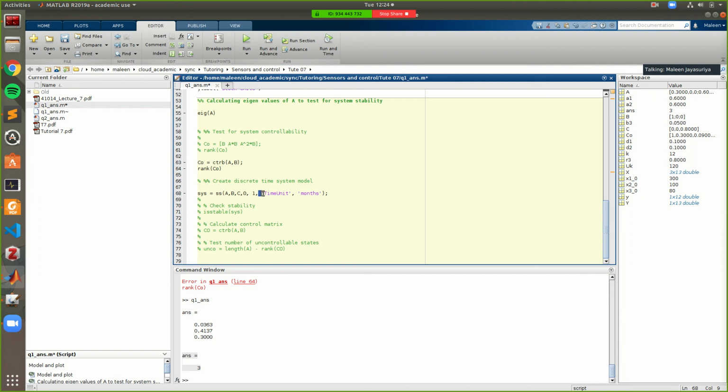What's great in MATLAB is you can define the time units as well, which will help you use this state space system any way you want, especially if you want to visualize it. If it's a discrete time system, you define the time units and it will automatically create a discrete time system model.